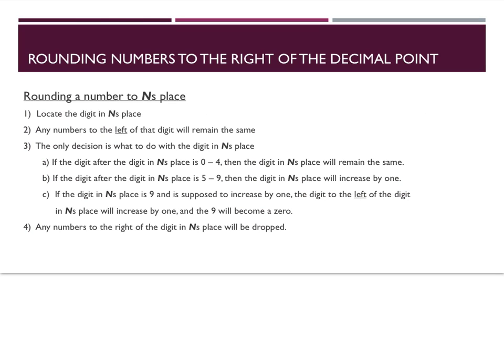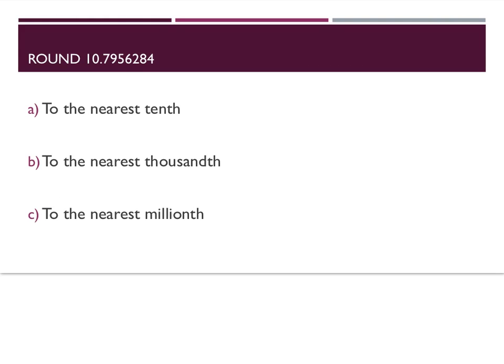Now, if the number I'm rounding to is to the right of the decimal point, it changes things slightly. First, again, I have to refer back to place value from the first lesson, and I have to find the number that's in tenths place. That would be that 7.